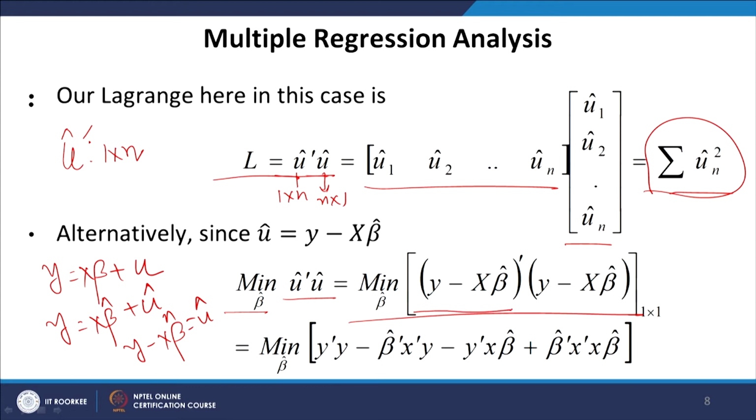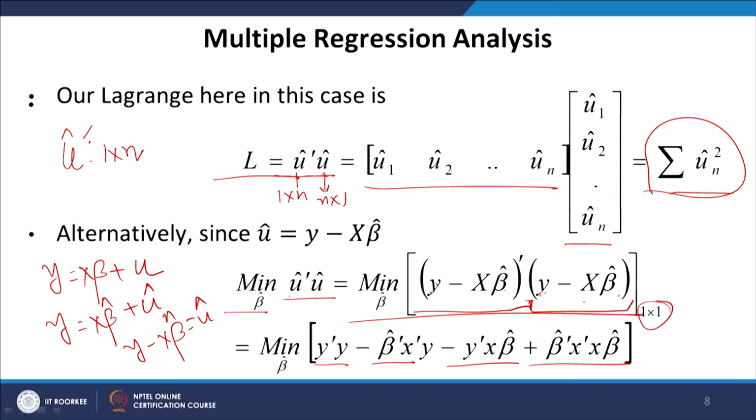So, this is y minus x beta hat prime corresponding to u hat prime, and this is y minus x beta hat. And when I expand it, I will have y prime y, then x beta hat transposed is beta hat transpose x transpose, so beta hat transpose x transpose multiplied by y.